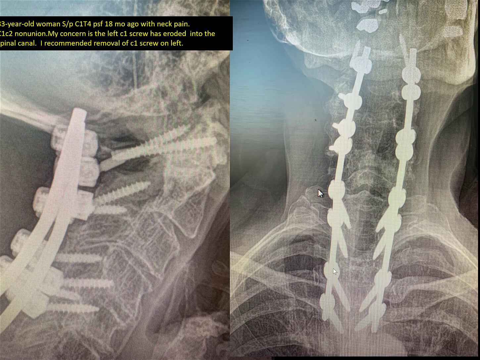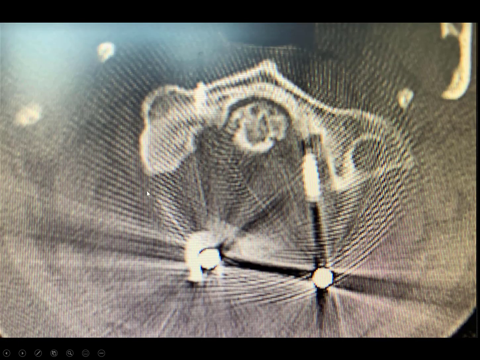I have to send you to somebody else. So she said, fine. So I sent her downtown and they did not include the occiput. They decided they didn't need to. So she came back to me post-op because her neck hurt and her C1 screws had broken. You see that? And then the C1 screw had eroded and it's in the spinal canal.